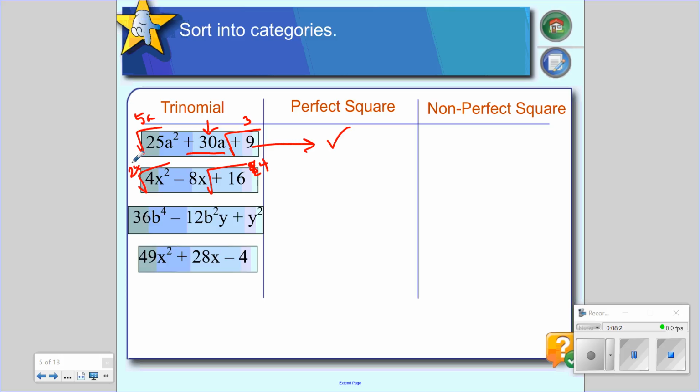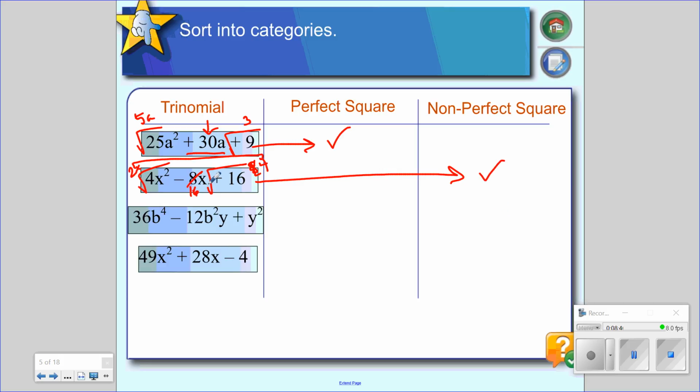So 2x times 4 is 8x, and if we double that, that's 16x. Now, regardless of the sign in the middle, this should be a 16x for this to, in fact, be a perfect square trinomial. Because the middle term is not, this is not a perfect square trinomial.